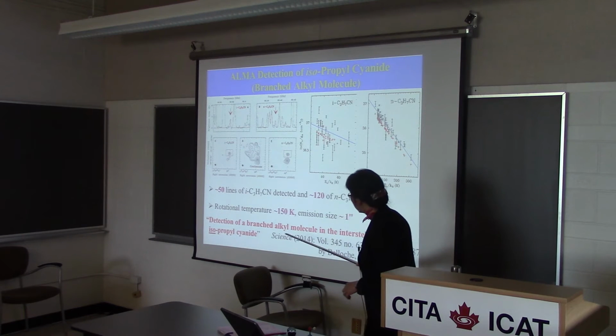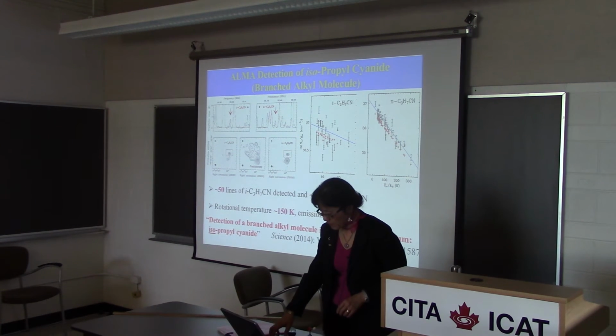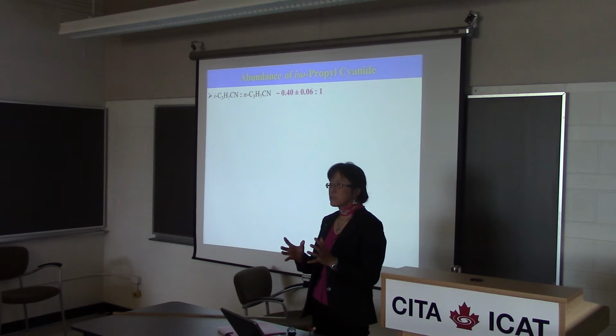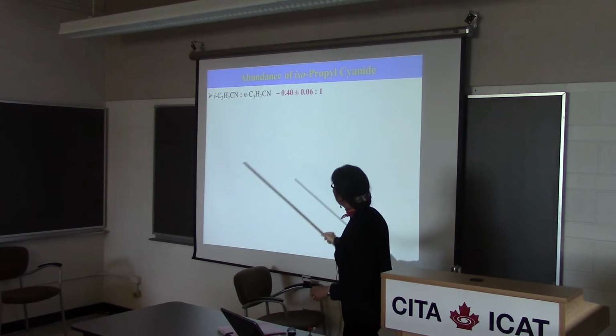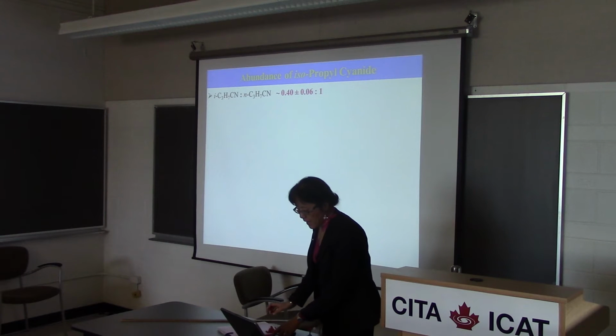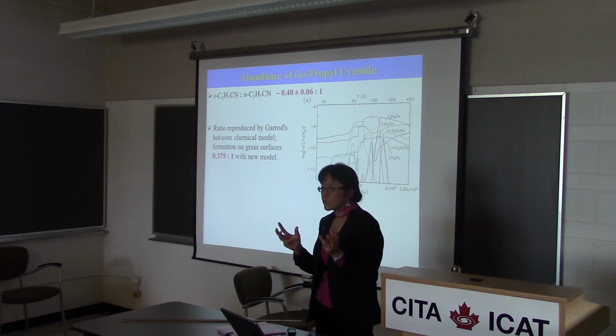And that work was published two years ago in Science magazine. From our work, we can derive the ratio between the isoform versus the normal form, and that's about 0.4 to 1.